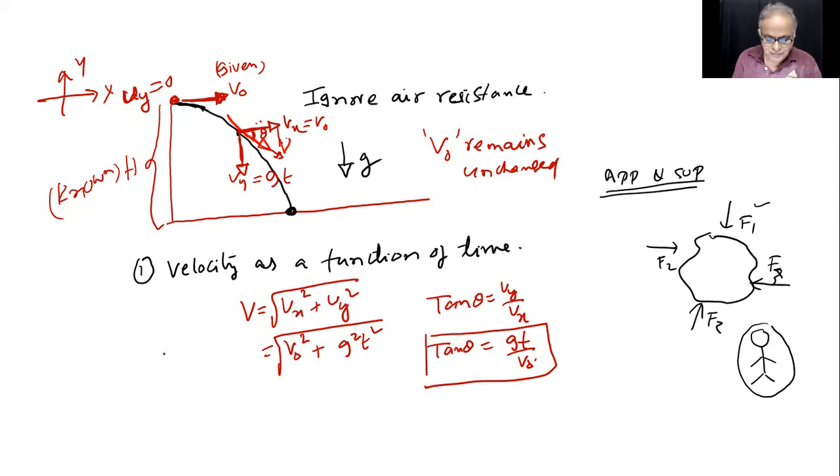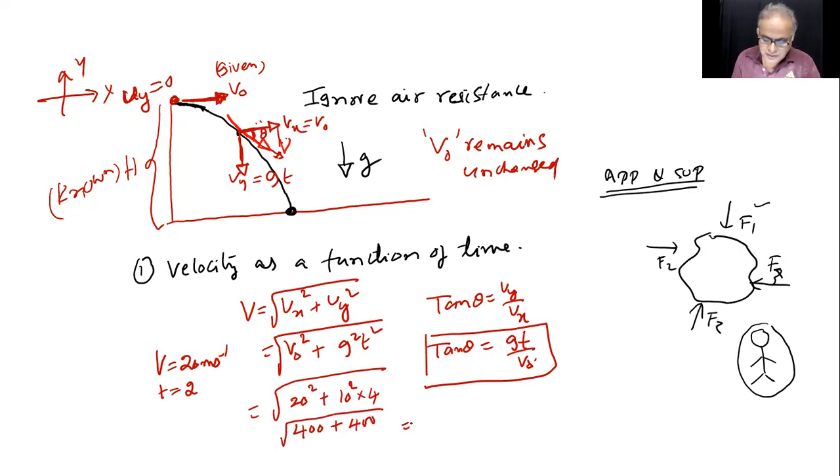For example, if v0 was 20 meters per second and t equals 2 seconds, after 2 seconds, what happens if you would like to know? It would be what? 20 square plus 10 square, 2 square. This will be how much? 400 plus 400, under root.